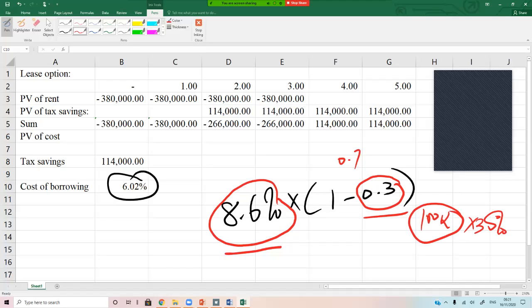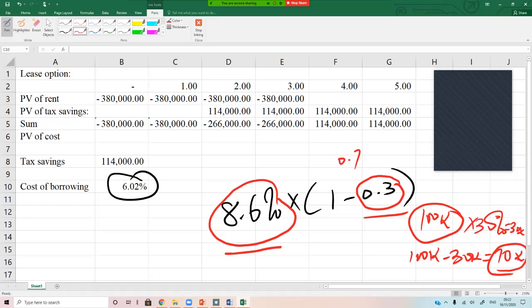Yes. So 30% is a saving, therefore 30,000 is the saving to the company. Therefore, the cost to the company is the total cost minus the saving, which gives 70,000. This is the cost to the company.